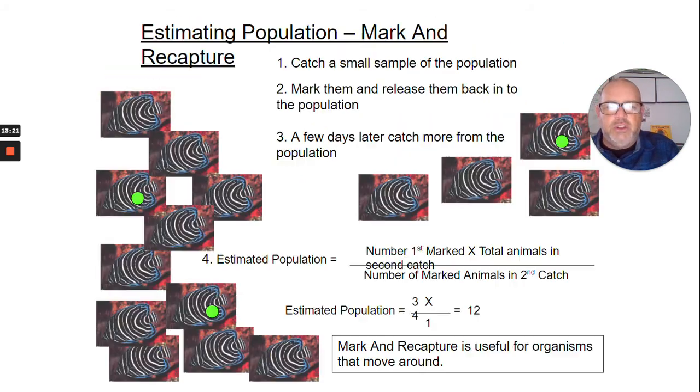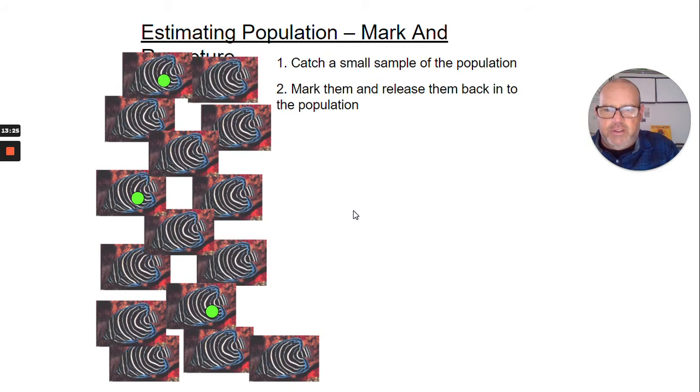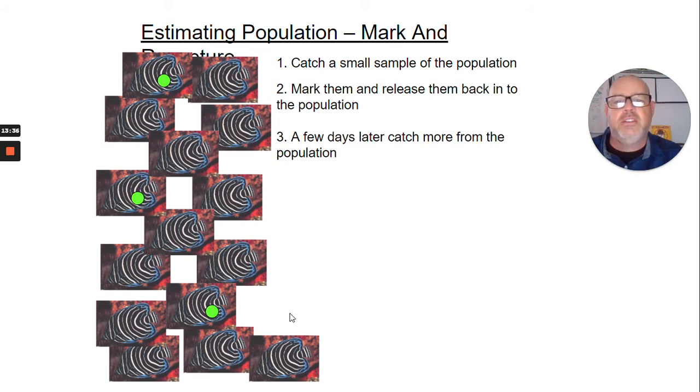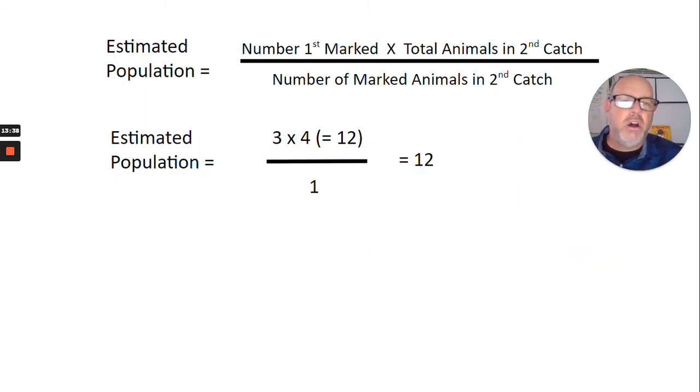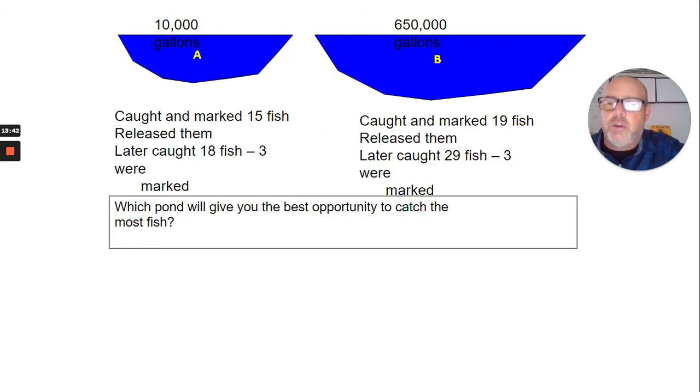And if you go back and look at this, however many fish we started with: 1, 2, 3, 4, 5, 6, 7, 8, 9, 10, 11, 12, 13, 14, 15. We estimated 12. There were actually 15 in our fake pond. So were we totally correct? No. Were we in the neighborhood? Yeah, probably.